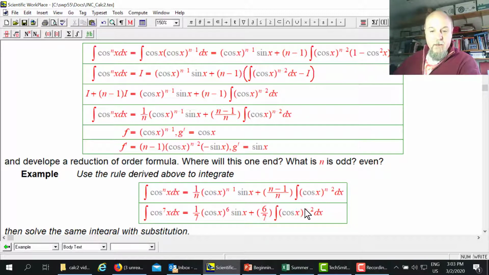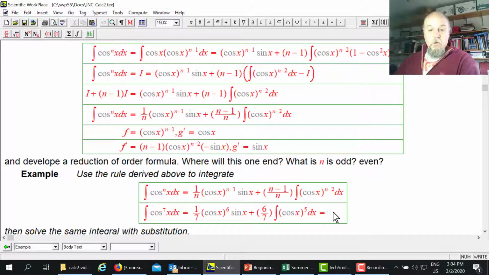And to the power of 5. So I used the reduction formula. So these reduction formulas are making our integration a lot easier, but in some following videos, the trig integration videos, we'll be able to do this cosine to the 7 even easier than the way I'm doing it now.